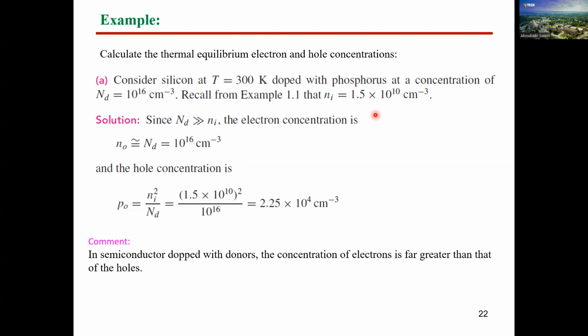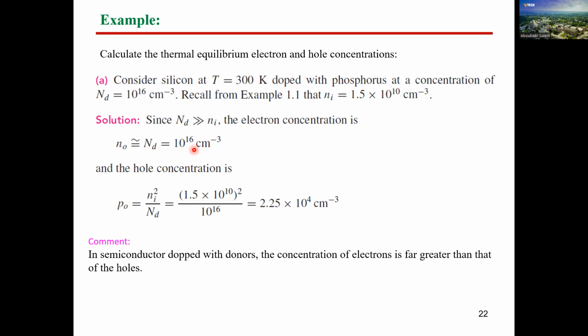And since this is donor type material, this means N_D is going to be much greater than n_i. So in this case, we can consider that n_0 equals almost N_D. So this is going to be 10 to the power 16.